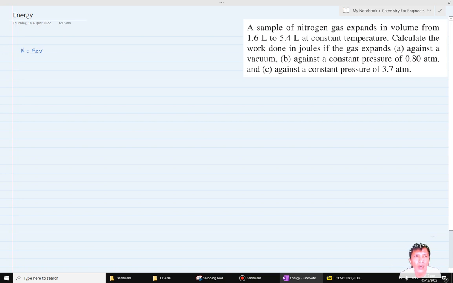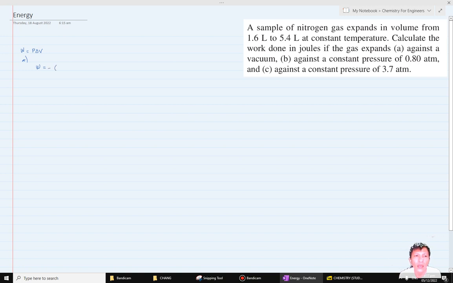And then, for case A, we have a vacuum pressure. Also, you have to take note that it is the gas that expands, meaning the work is done by the gas. So, it's going out. That's why we have a negative value for this.